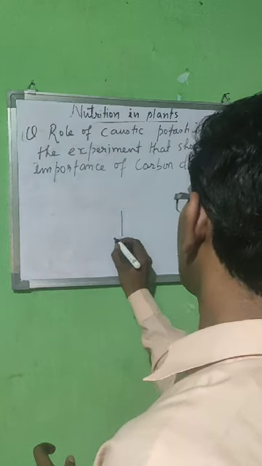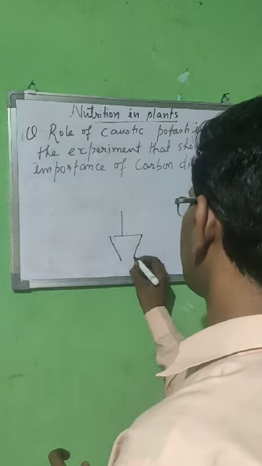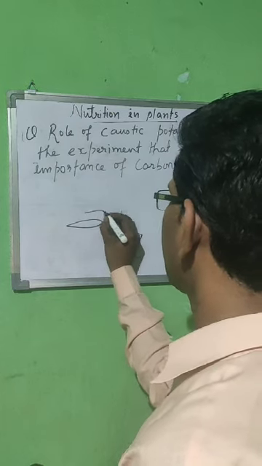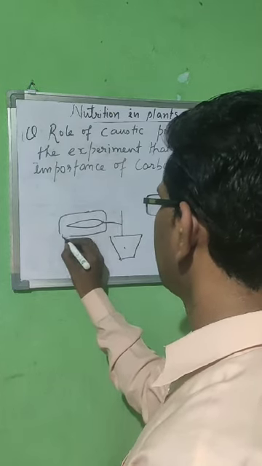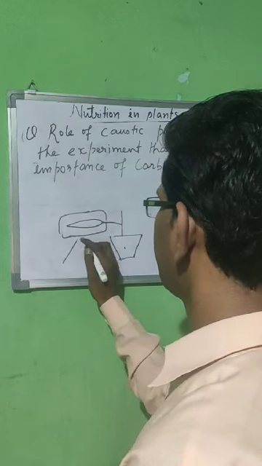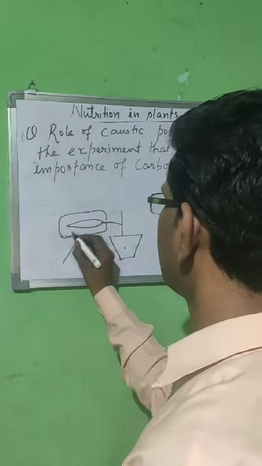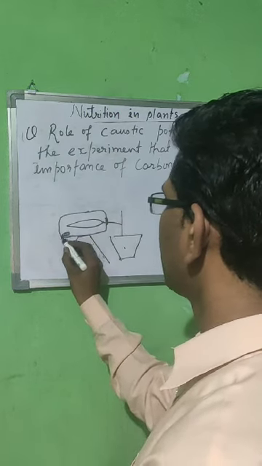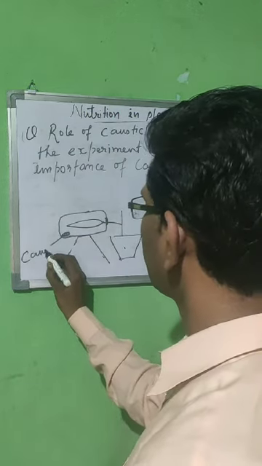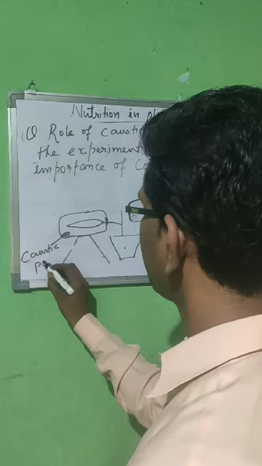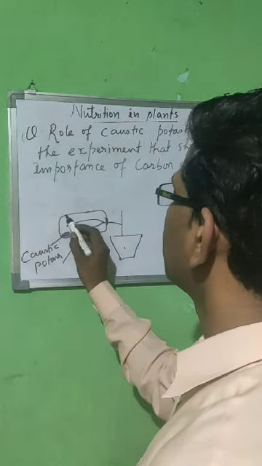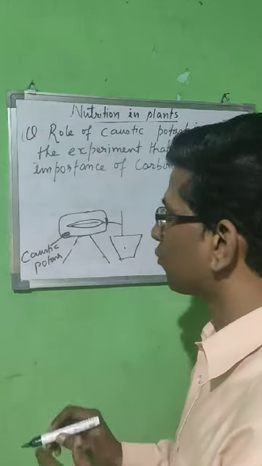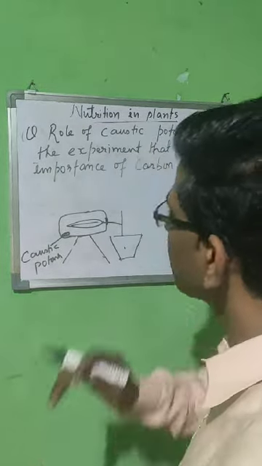We had taken one potted plant, and one leaf of this potted plant we kept in a container, and this container is closed, only the leaf is kept inside, and here we have kept caustic potash. Why? What is the role of caustic potash?